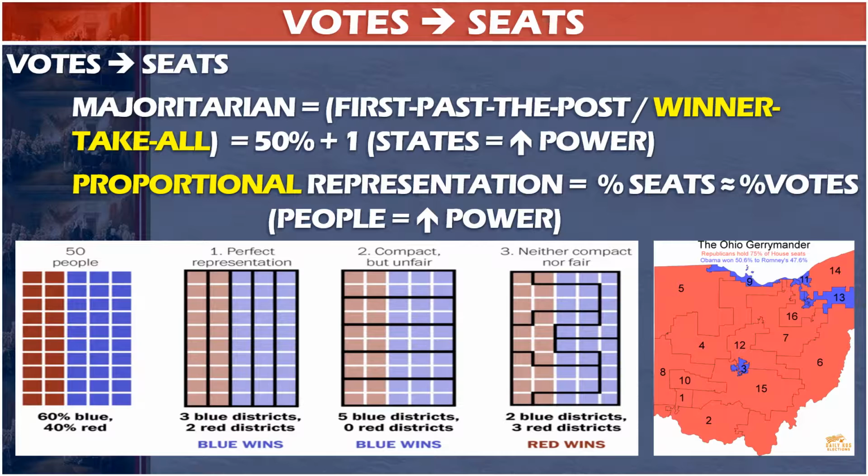And a good example of this is what happened in Ohio. Now, in 2008 and 2012, Obama won Ohio, and therefore you would think that Democrats would have the majority of House seats in Ohio, since Obama won a little over 50% of the vote. In fact, Republicans won 75% of all the House seats, and partially this is because of how the districts were drawn.